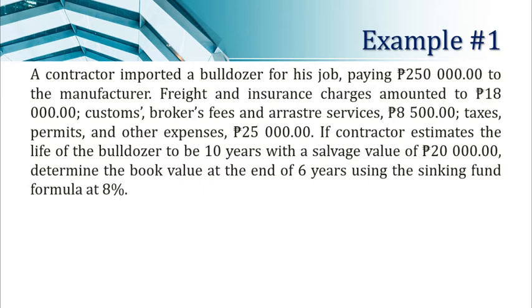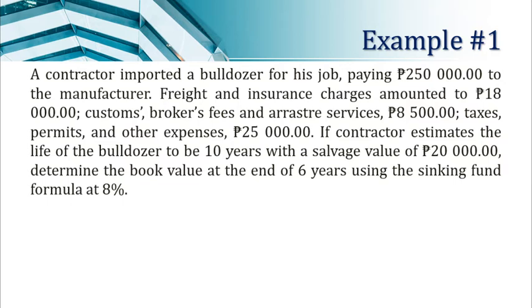Now let's analyze first. Ano ba ang tinatanong sa problem? We need to solve for the book value. So si BV kasi book value. Now, ano naman yung mga given sa problem? We have 250,000. Ito yung binayad natin dun sa manufacturer.